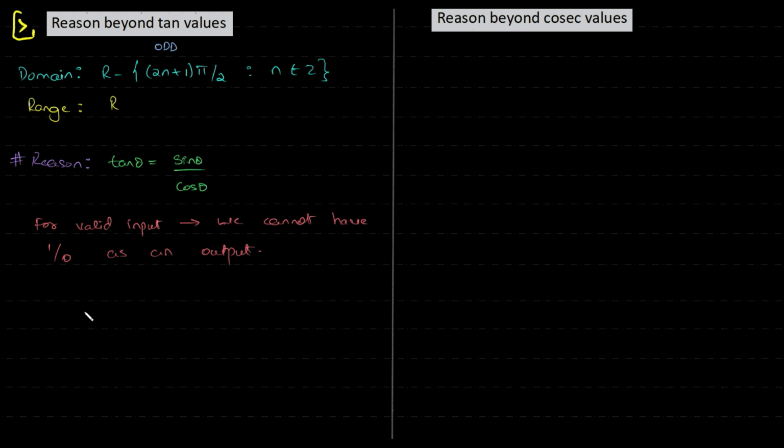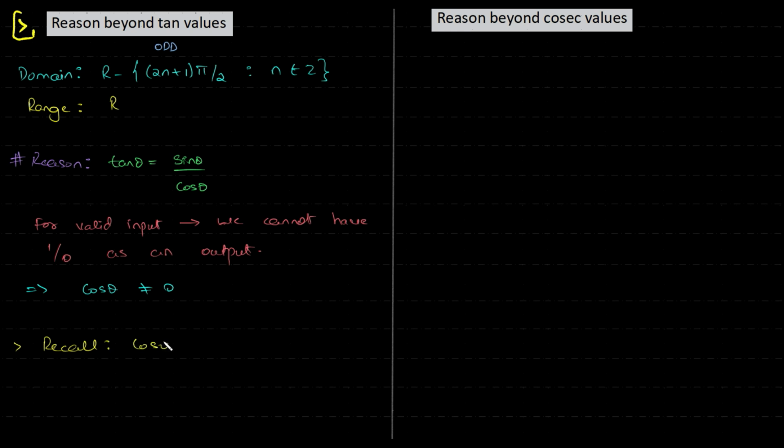So when will this be 1 by 0? That is basically, indirectly, saying that cos theta cannot be 0. So let's recall, when will cos theta be equal to 0?